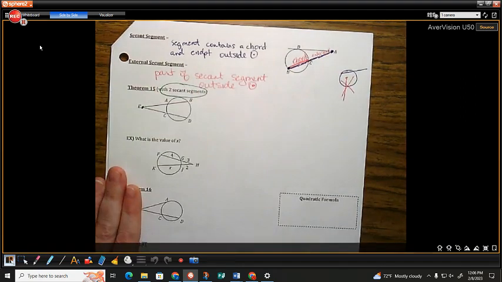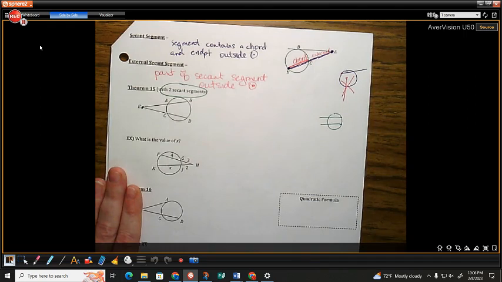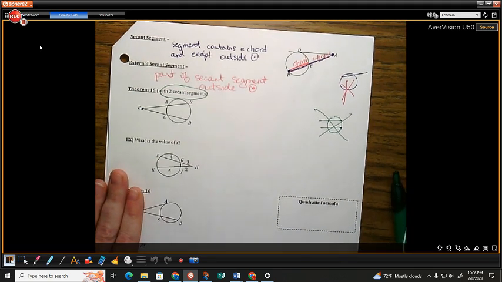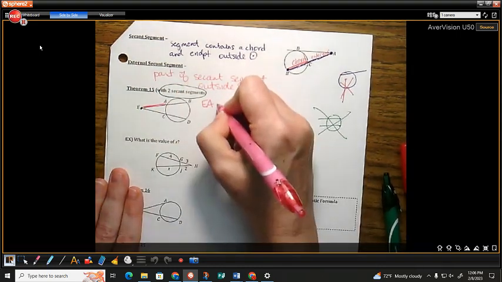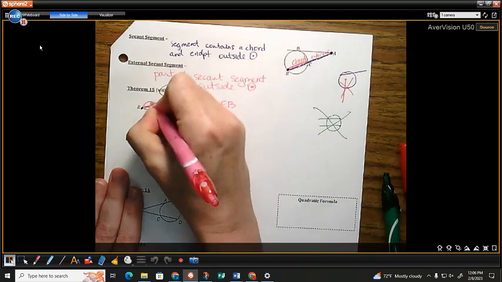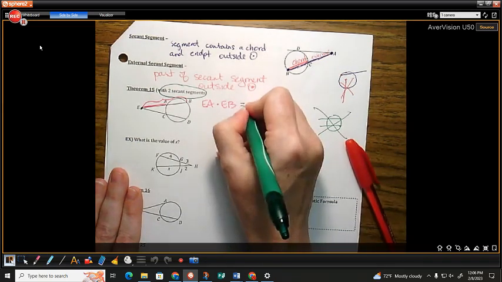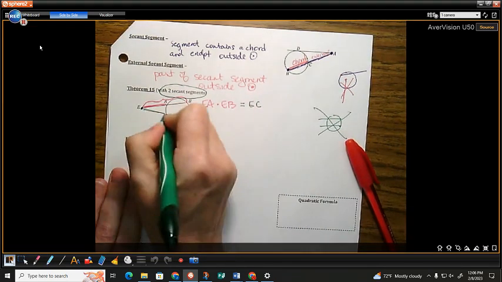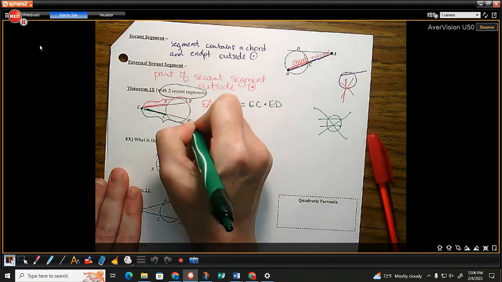Because if you had parallel ones, what we're about to do wouldn't work. They have to touch outside the circle. All it tells you is EA times EB equals EC times ED.